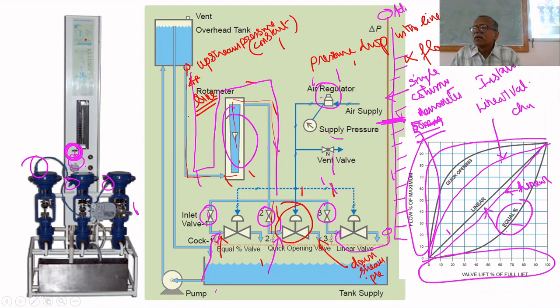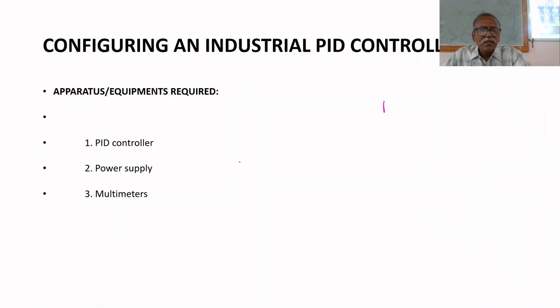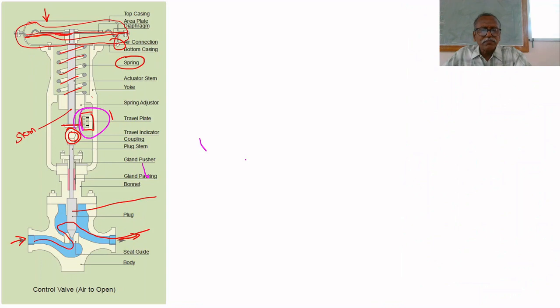Then adjust the valve opening by looking at this travel plate, the scale to indicate the valve opening. There you note down the valve opening and the flow rate. That's all about inherent characteristics by keeping the water column constant.